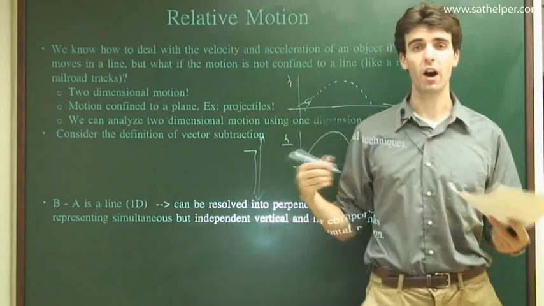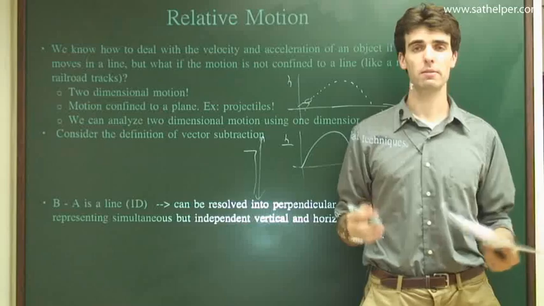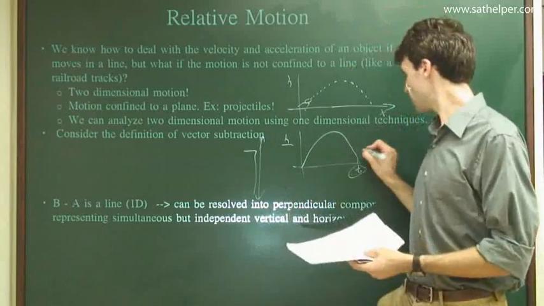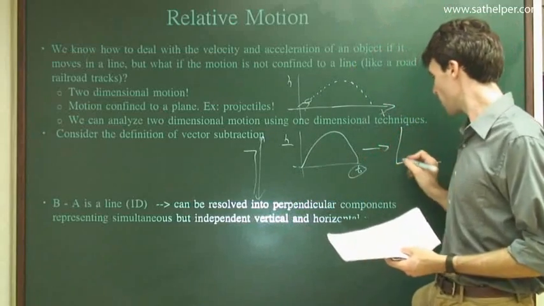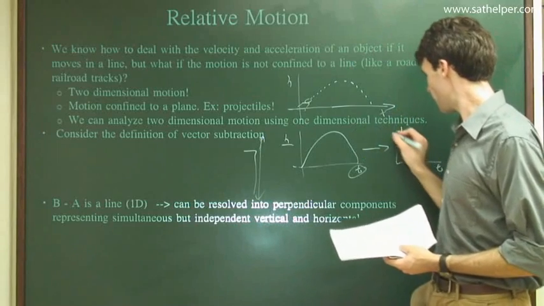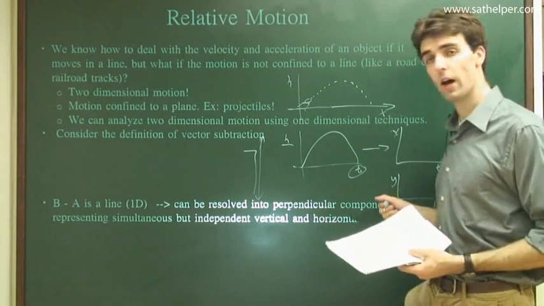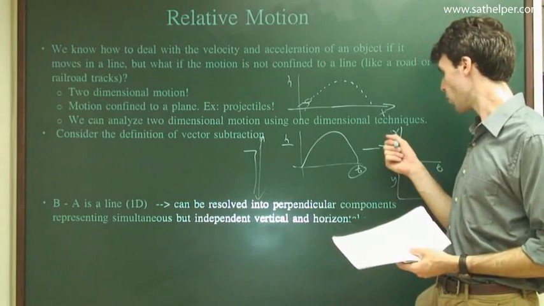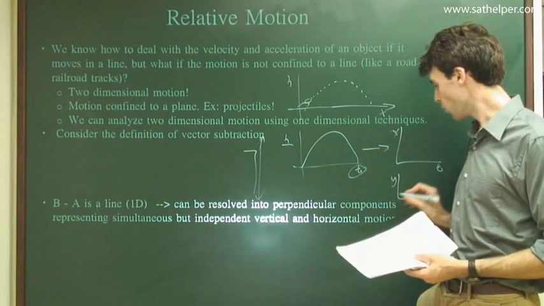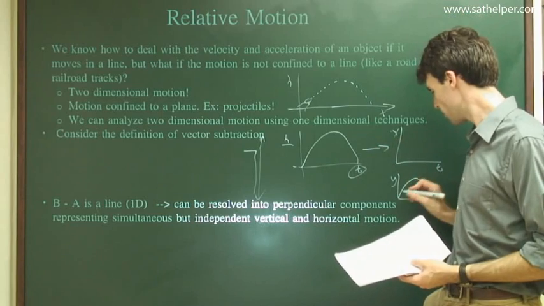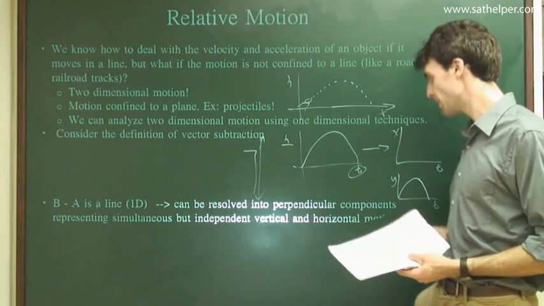If you wanted to graph the displacement over time, you would have 2 graphs. This would break up into an xt graph and a yt graph. This being the height, and this being the time, and this being the horizontal distance, and this being the time. Now the y graph would act as you expect, the same parabola, goes up and down.